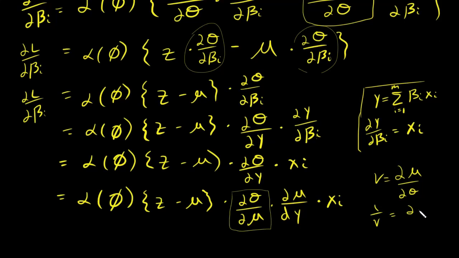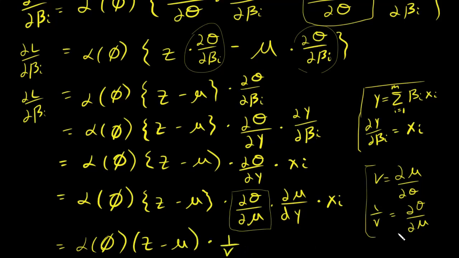Due to properties of inverse derivatives, you can actually just invert this as well. This is a property of inverse derivatives as long as v is invertible, which it is. What do we have? z minus mu times 1 over v, by equation 6, d mu dy times xi.